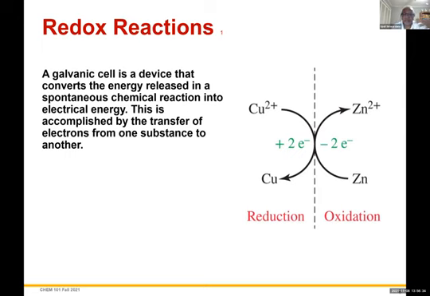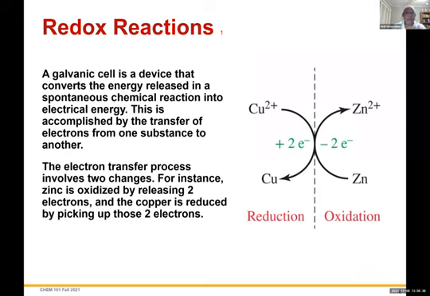I'm just getting a head start here. The electron transfer process involves 2 electrons here, copper 2+ to copper. The copper is reduced by picking up 2 electrons, and zinc is oxidized, losing 2 electrons to produce zinc 2+.